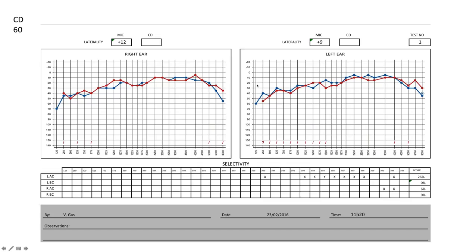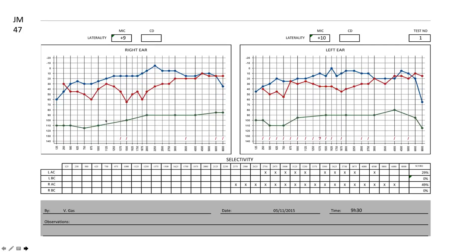Here, with the bone curve all over in almost all the frequencies, especially with an adult, I would stay on the F program, no mixing. And here, the other adult, I would also stay on the F program with the big gaps, a lot of spatialization and selectivity errors. I'm not even taking into account the laterality here.